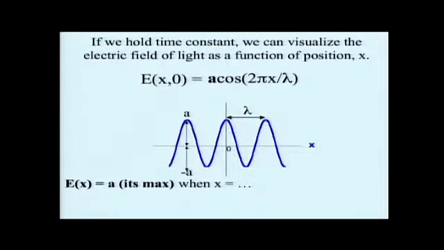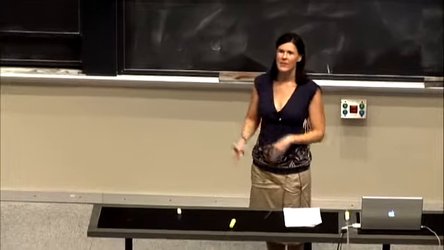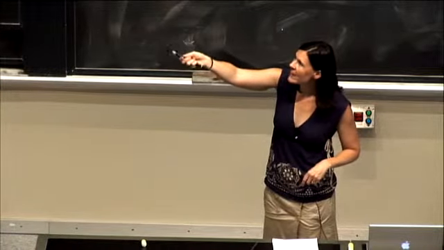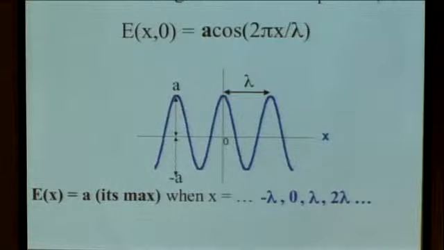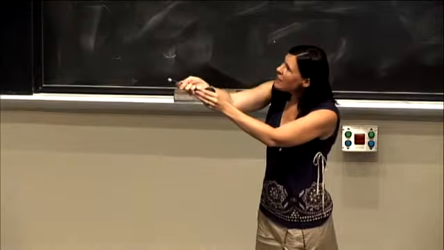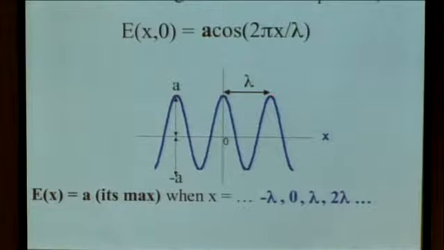So we can do that basically any time that we have an integer multiple of the wavelength, so for example negative wavelength or positive wavelength or 2 times the wavelength, because that lets us cross out the term with the wavelength here, and we're left with some integer multiple of just pi. So that's mathematically how we get to A, but we can also just look at the graph here, because every time we go one wavelength, we can see that we're back at a maximum.